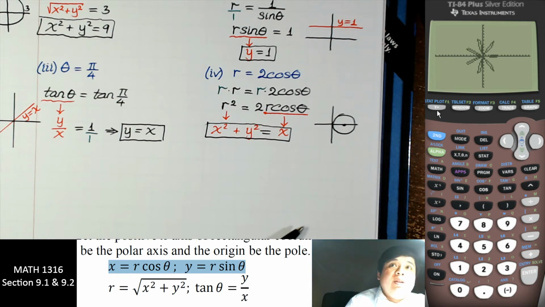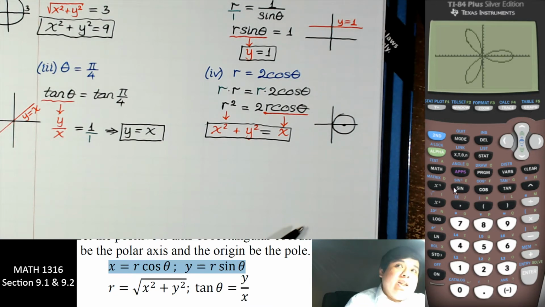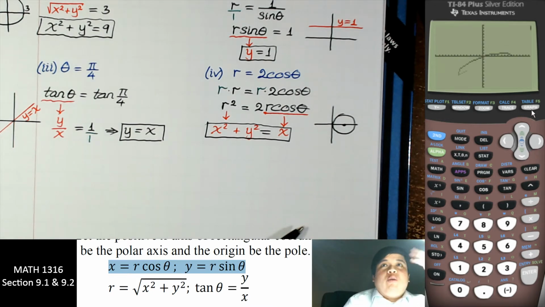So let's do this again. 10 cosine of 3 theta. So it will have a rose with 3 petals. Now if we have 5 petals, just change this to 5. So if it is an odd number, that will be 5 petals.